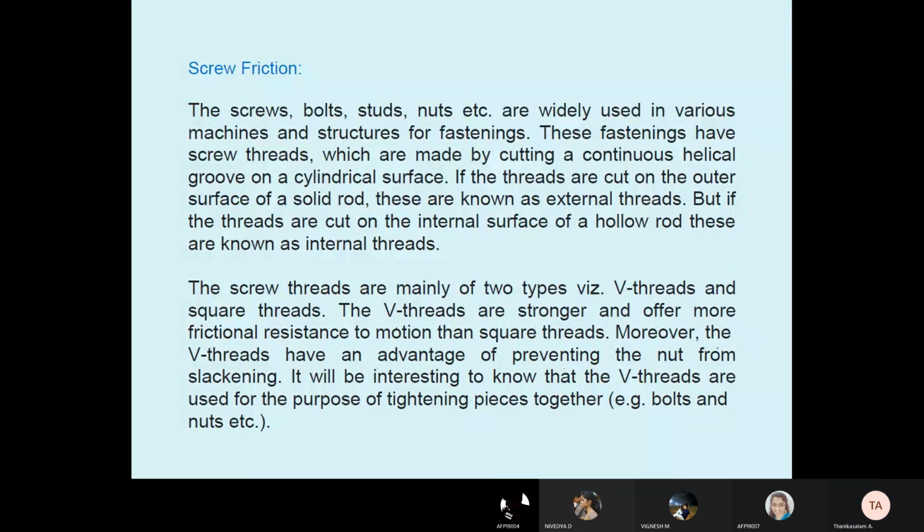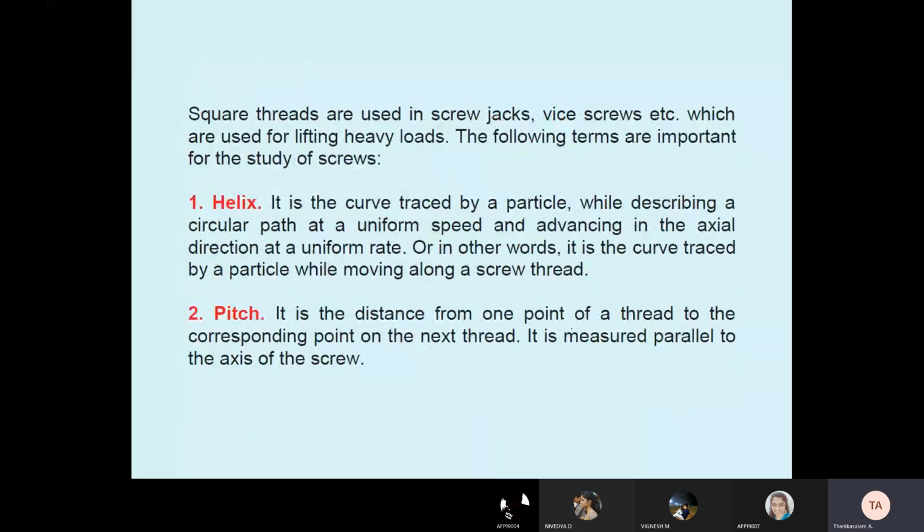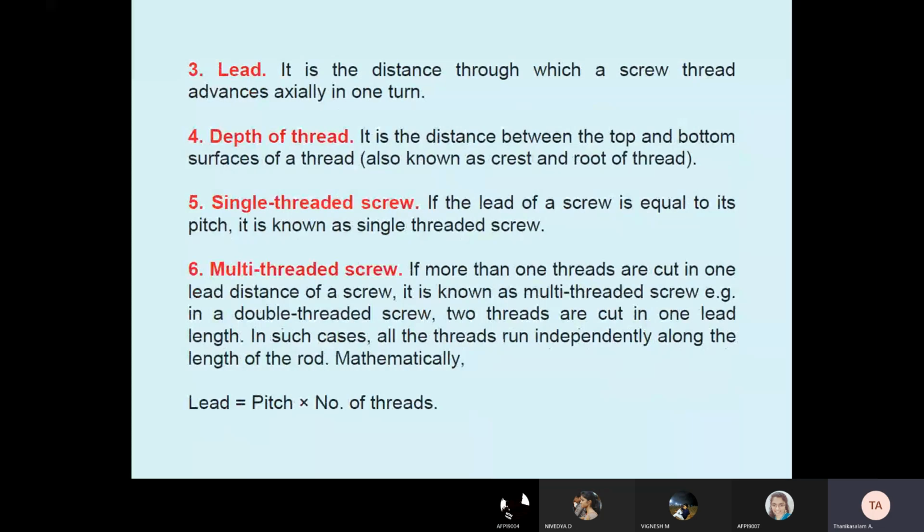V threads are used for the purpose of tightening pieces together, for example bolts and nuts. The thread is generally V thread. Threads are helical in shape. So these are some nomenclature: helix, pitch, lead, depth of thread, single threaded screw, multi-threaded screw.